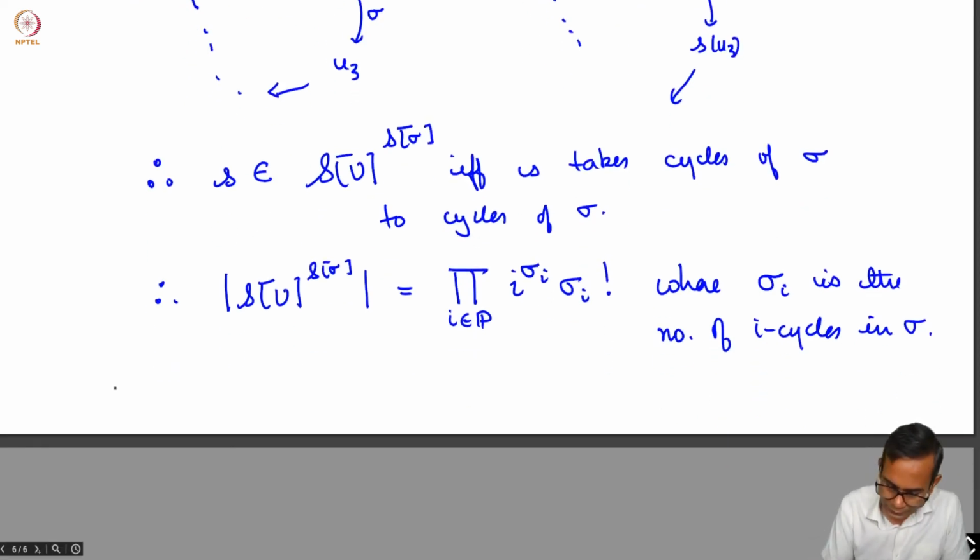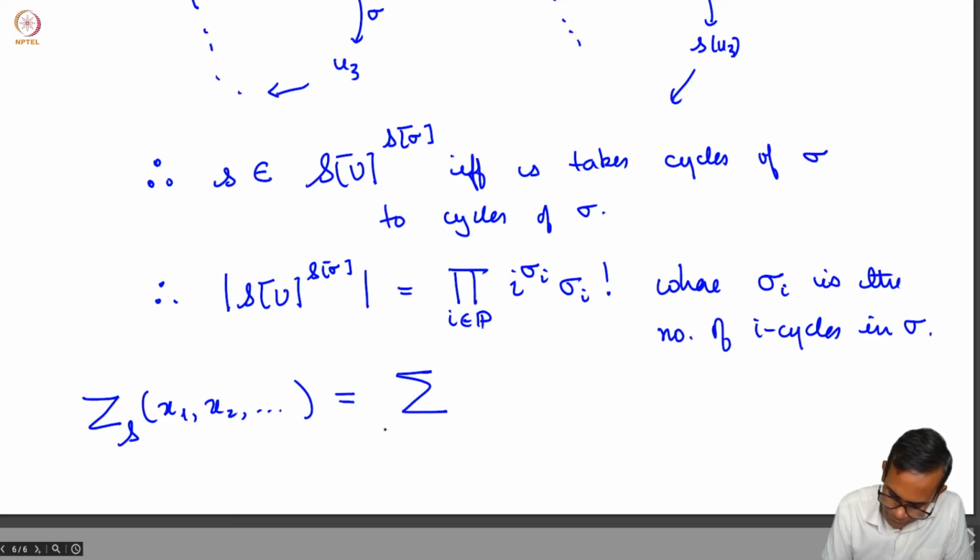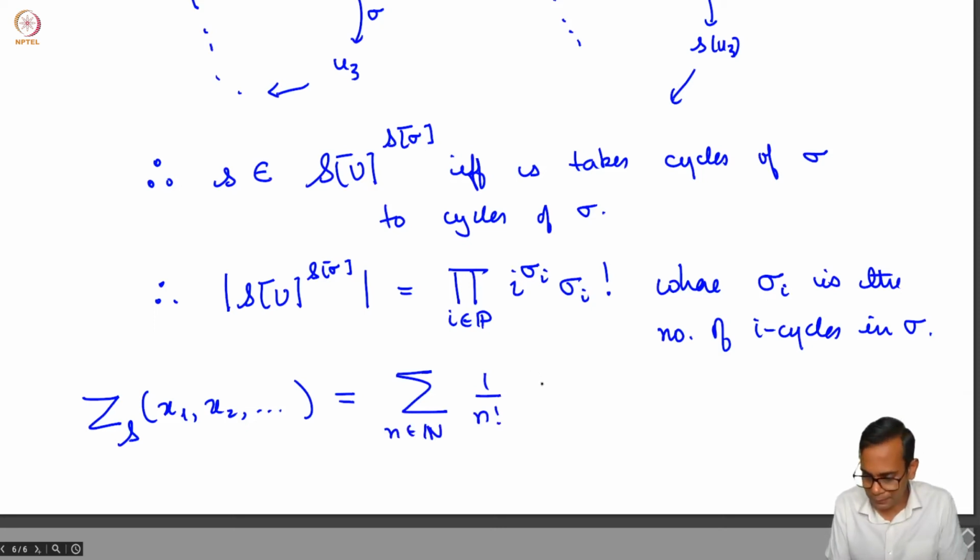And so what we get is Z_S(x1, x2, ...) equals the sum over n in N of 1 over n factorial, and now we are looking at the number of elements.